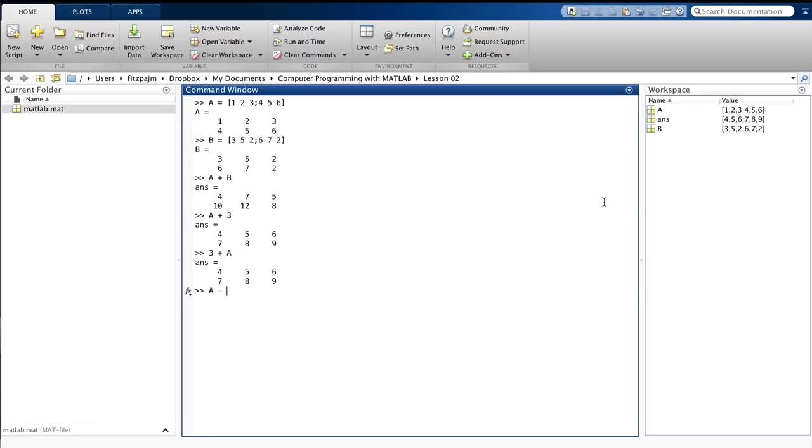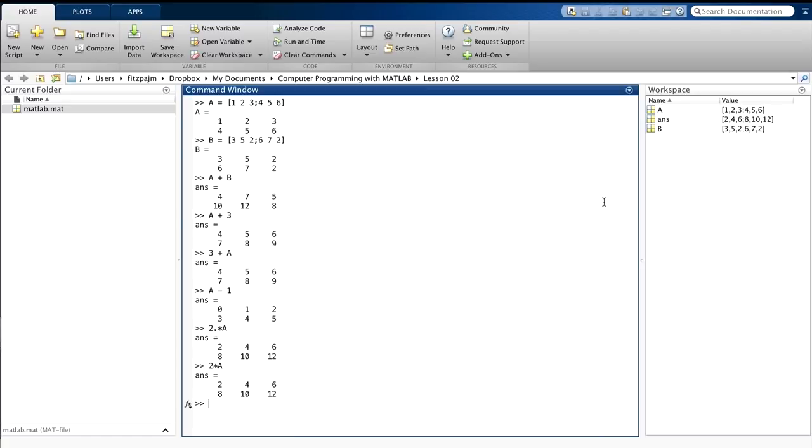A minus 1 subtracts 1 from each element. 2 dot star A multiplies each element by 2. 2 star A, the matrix multiplication version, does the same thing.